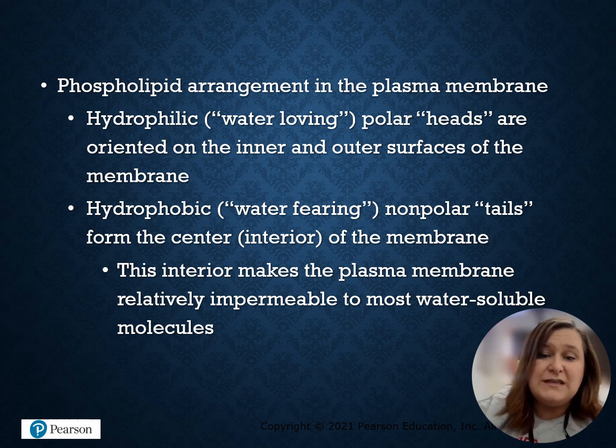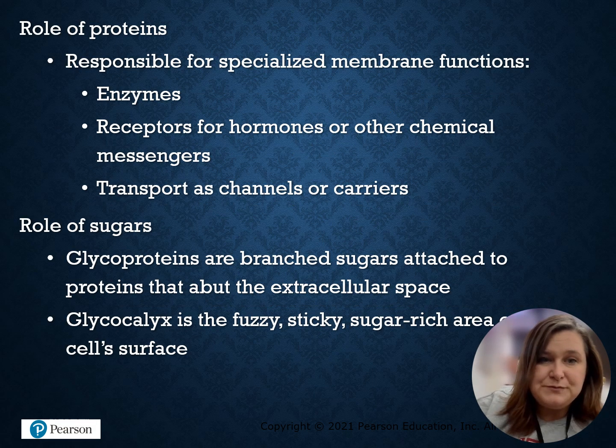The purpose of this is to create an electrochemical gradient to where we are able to move some things across that plasma membrane, but it will allow the cell to kind of control what can go in and what can go out.